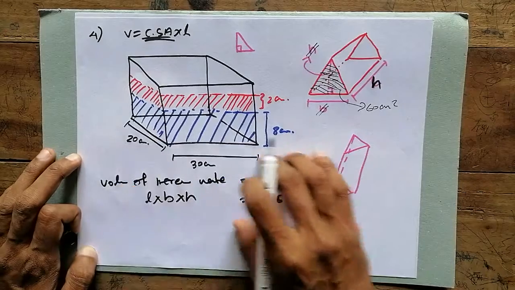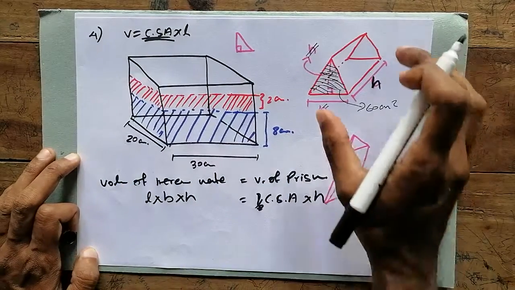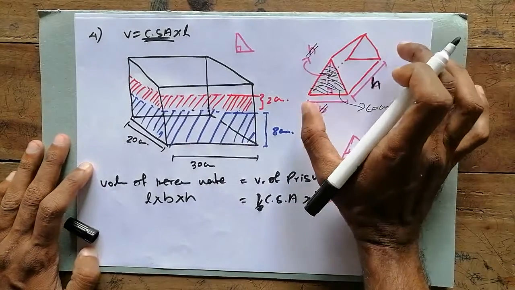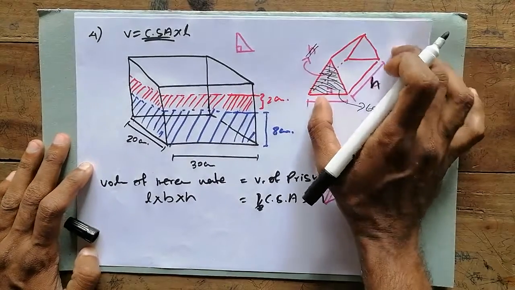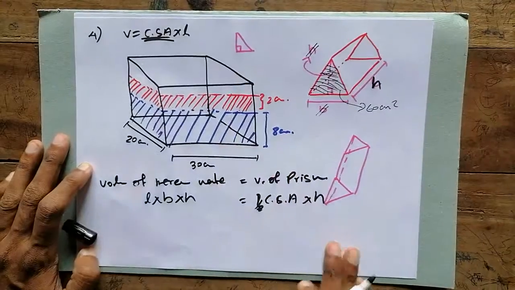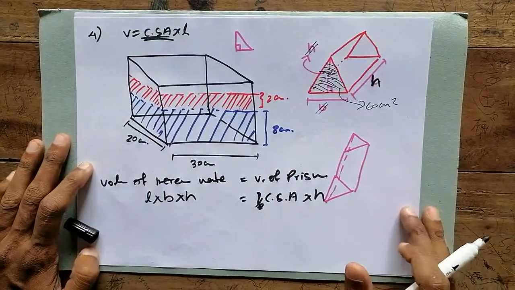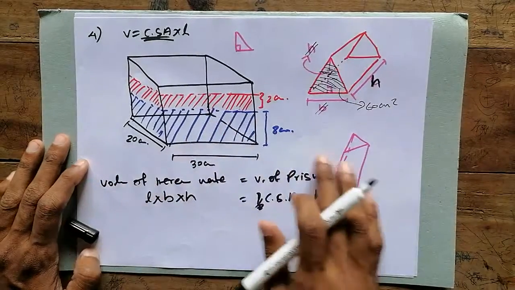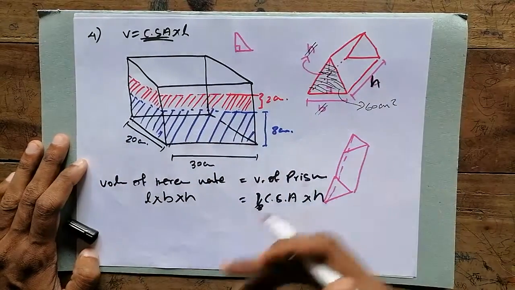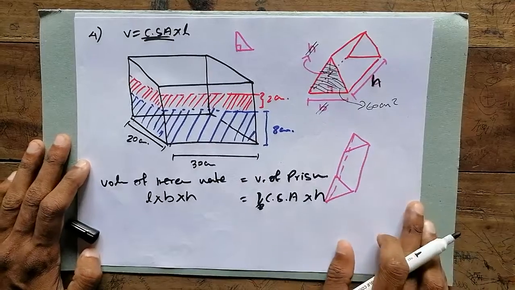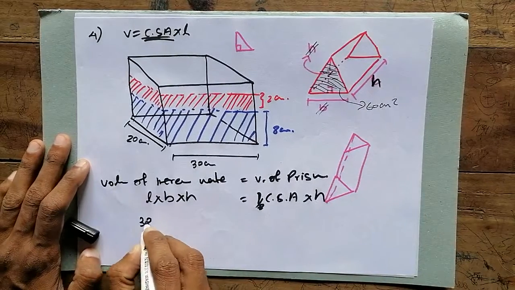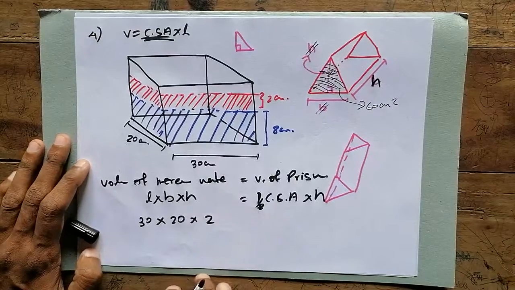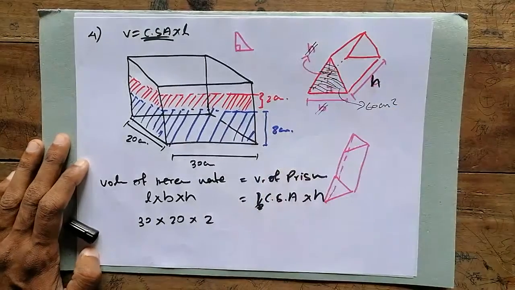So this is the main part of the question. How can we find the volume of this prism? The volume of this prism is related to the increased water. That's why they tell a story. So we take the connection and construct the equation. Substituting the values, we can find the h. Length is 30, breadth is 20, height is 2, the increased water level.